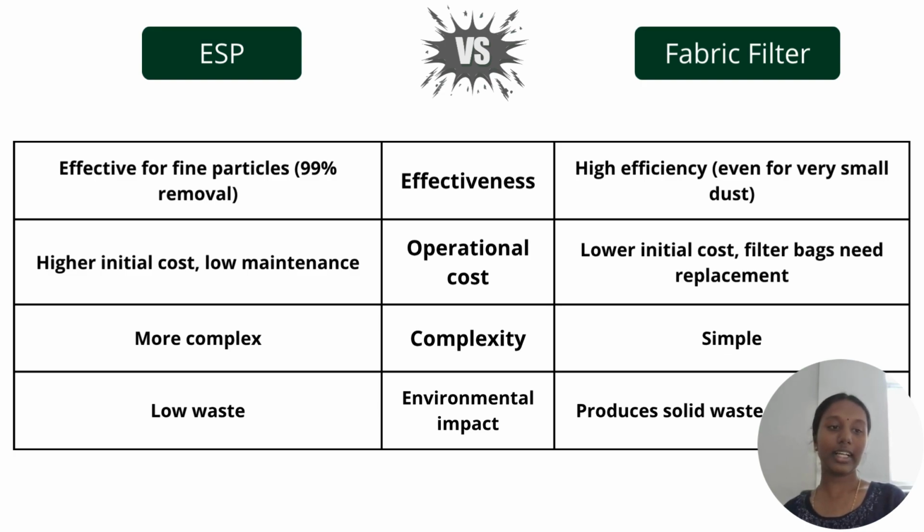For instance, the collected dust or ash from the ESP can be mixed with cement and bricks for building purposes. This not only reduces waste disposal but also promotes sustainable material reuse. Solid waste collected from filter bags may require special disposal. The conclusion of this aspect, ESP is more environmentally friendly compared to fabric filters.